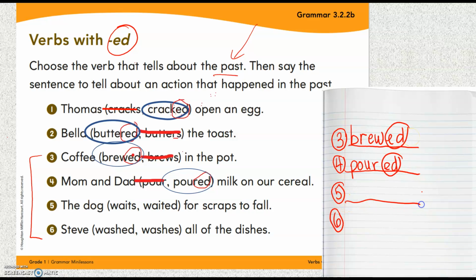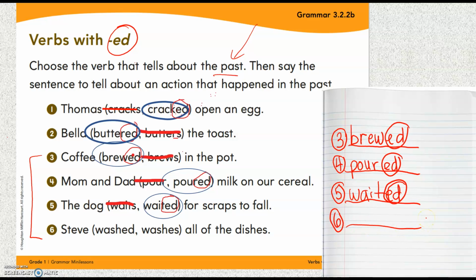What about number 5? The dog waited for scraps to fall. It happened in the past. There's my ed ending. Waited is my choice, and it cannot be waits. So on your line, you should have written waited and circled the ed ending.